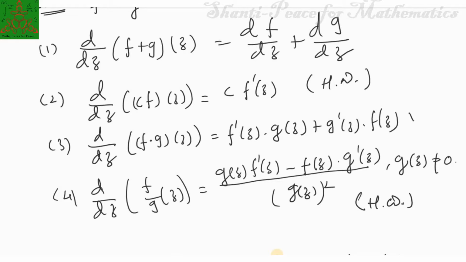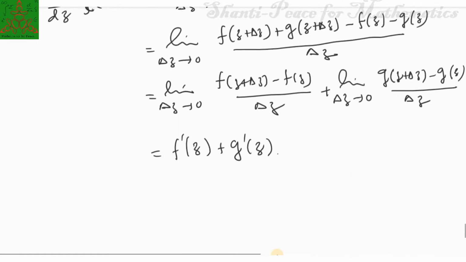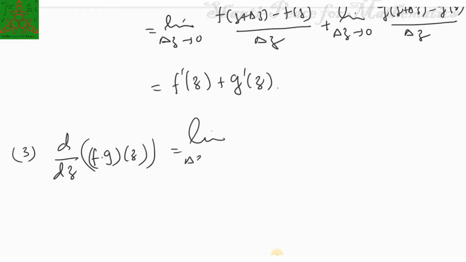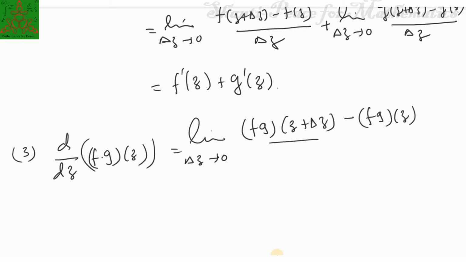I will try to prove the third one here, and the second and fourth one I am giving you as homework. So the proof for the third one, we'll discuss in this manner, that is f into g at z. As per the definition, we can say that limit delta z tends to 0 f into g at z plus delta z minus f into g at z upon delta z.